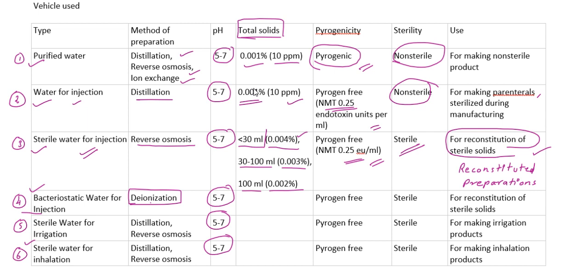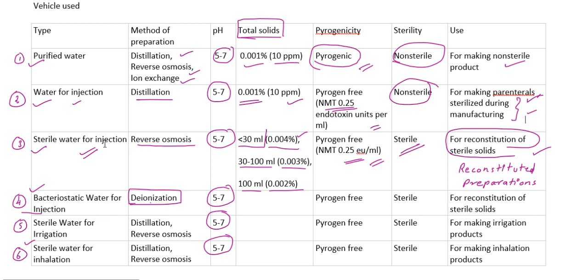Water for injection and purified water are used for making products. If it is purified water, then non-sterile products can be prepared using it. But water for injection is used for making parenterals, and during the process of sterilization, the water will undergo sterilization.